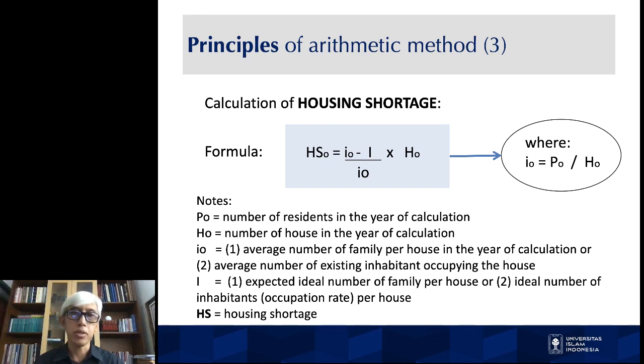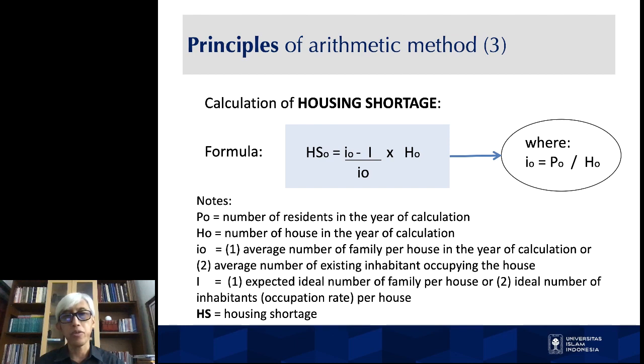Here is the formula of housing shortage. Basically, you need to get the information from the census on the number of residents in the year of calculation, and also the number of houses in the year of calculation. Now, IO, as I mentioned previously, is the average number of families per house in the year of calculation. This is also based, of course, on observations or a survey. And then I is the ideal number of families.